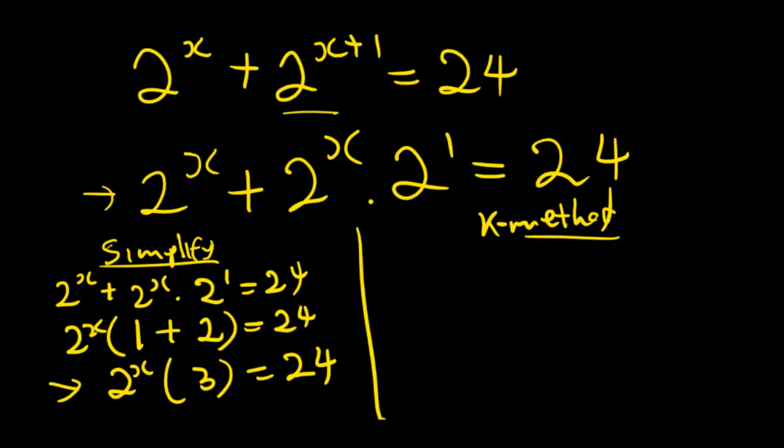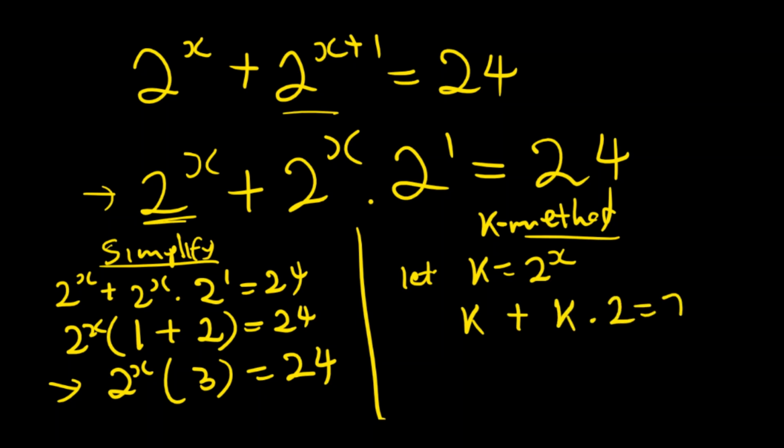For the k method, you say let k be equal to 2 to the power of x, meaning where there's 2 to the power of x, we put k. So it's k plus k multiplied by 2 is equal to 24. Now you have k plus 2k is equal to 24, which is 3k is equal to 24.